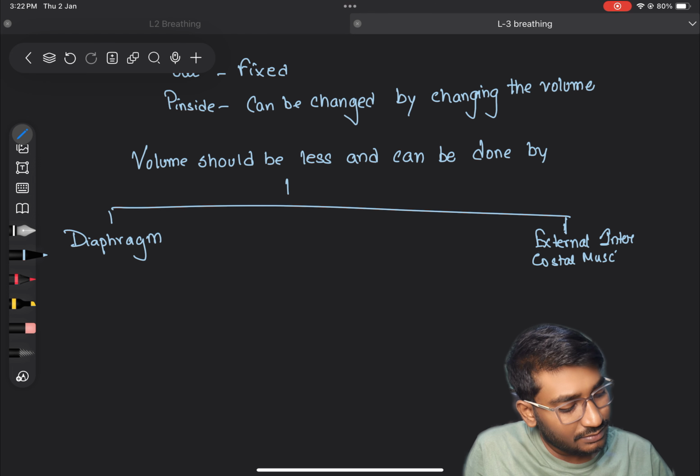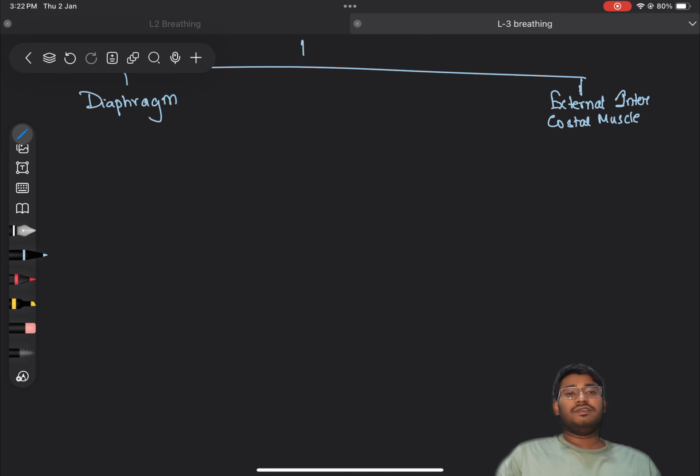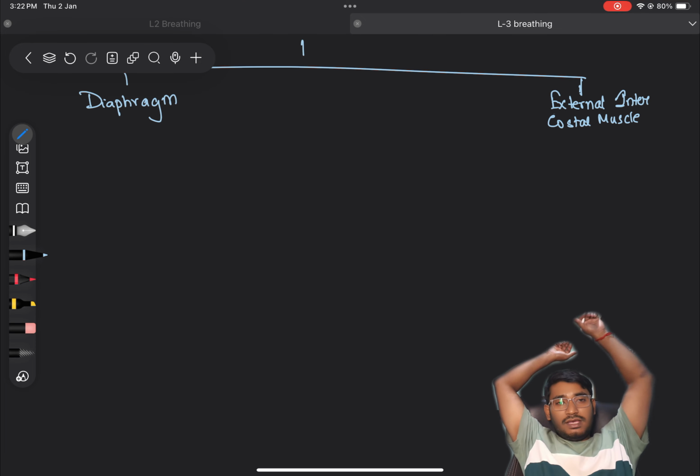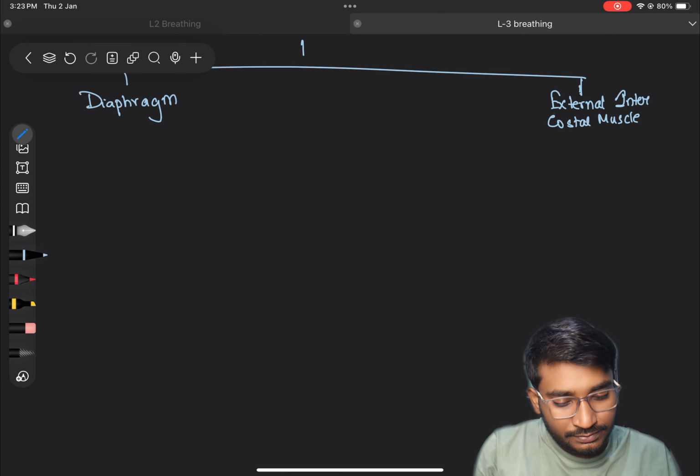In the previous lecture I also said that the volume can be changed by the diaphragm and the external intercostal muscle.